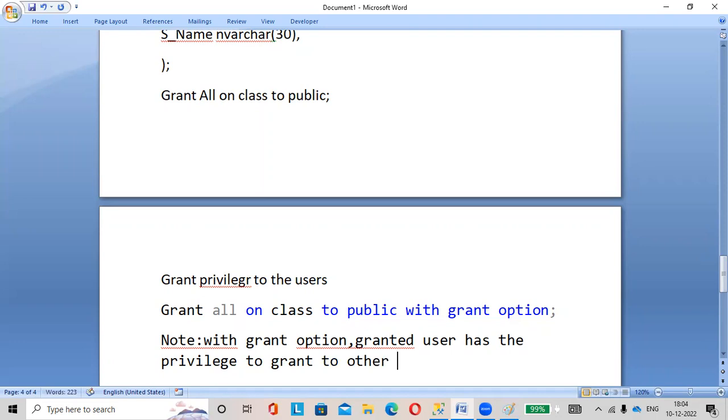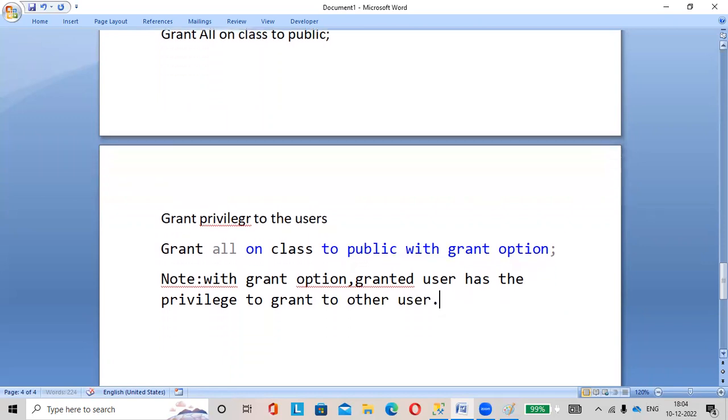Is it clear, ma'am? Is it clear what this command states? Everyone? Yes, understood. First the grant command is given to one user. With this grant option, the granted user can grant the permissions to the other users.